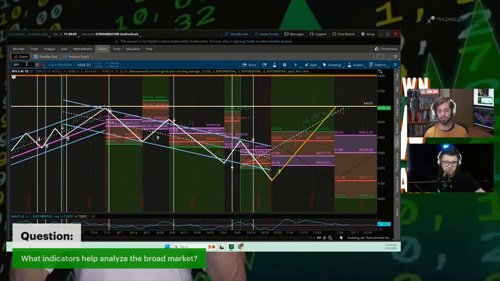Yeah, well, the scoop is, and I get these questions because, gosh, it would be so nice if there was just one indicator that told us when things were at their highest and when things were at their lowest. It would be so nice if there was some sort of magic indicator.